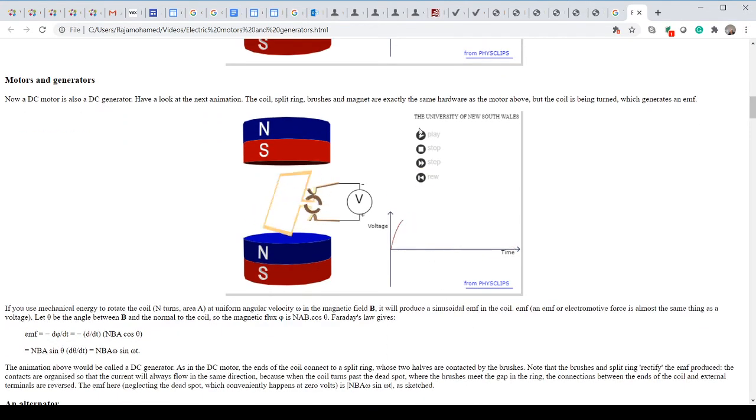When we play, these are the coils, and this is the coil rotating between the magnets, and this is our commutator. So we can get the EMF in only a single polarity. There is no negative polarity here.